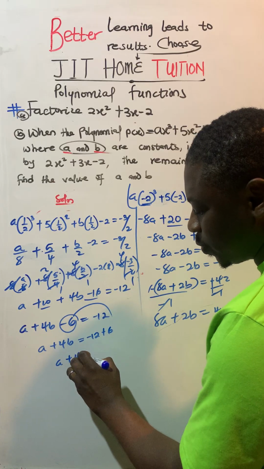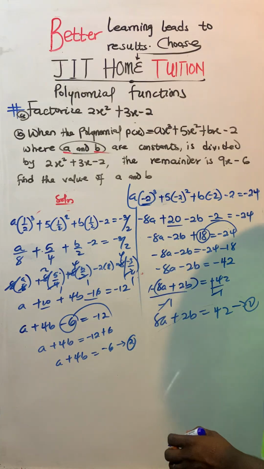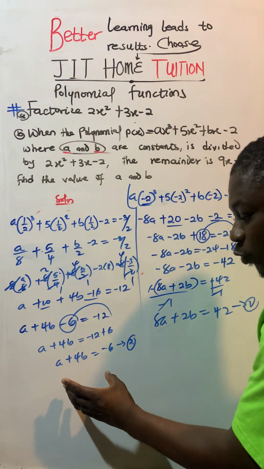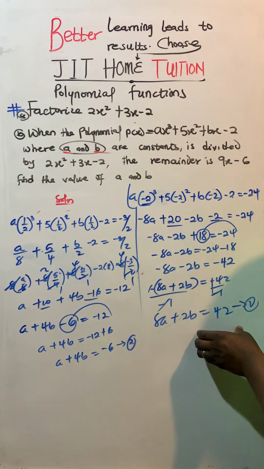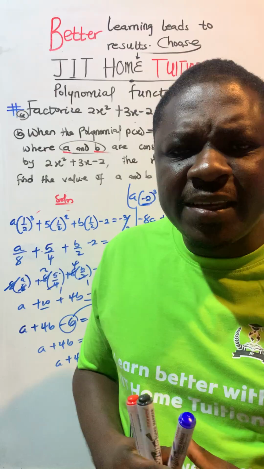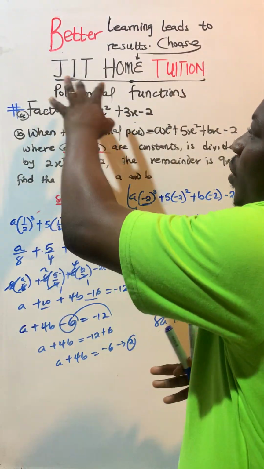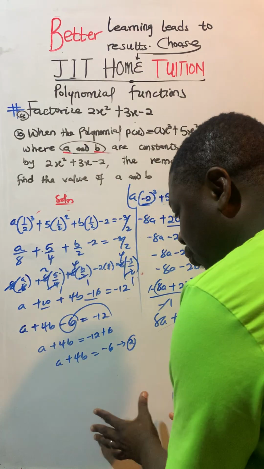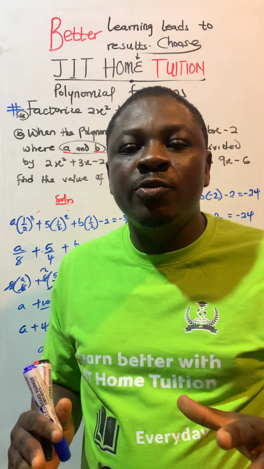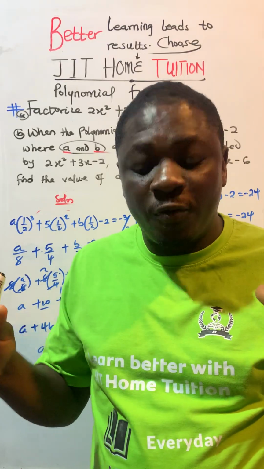A plus 4b equal to 6, and this becomes equation 2. So at the end of the day, you are going to work with these two equations, this and that. So far, all that we've done is our understanding of polynomials that we've used to work up to this point. Where we have gotten to, it is your understanding of simultaneous equations that will be able to help you find the value of a and b.